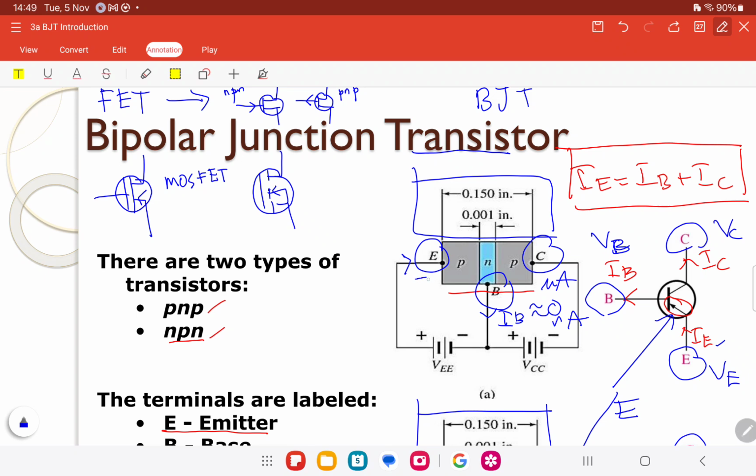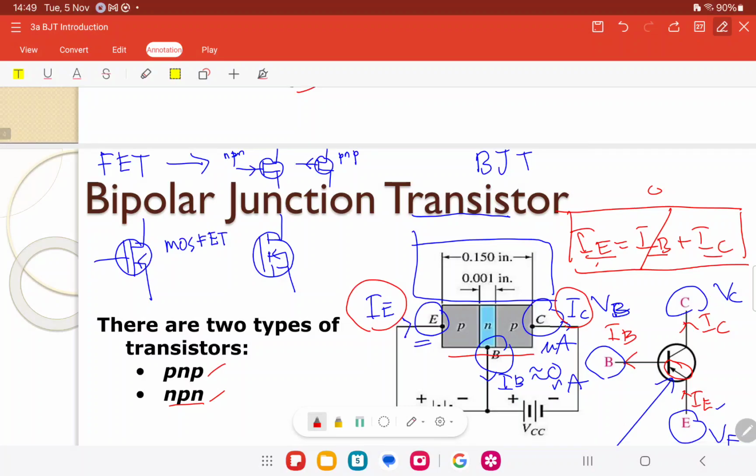For the IE, normally IE is the largest value, tapi IE dengan IC, IE dekat sini, IC dekat sini, IC keluar. Okay, IE and IC, the value is lebih kurang lah, hampir sama. Kenapa? Sebab IE sama dengan IB tambah IC kan. So kalau IB too small, almost 0, sebab tu IC is approximate to IE.